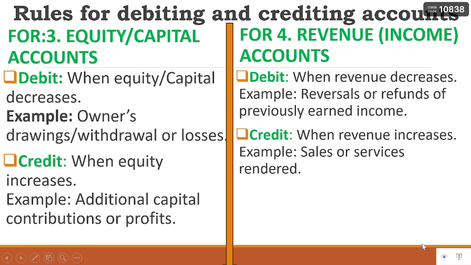Then credit when revenue increases, like when you've made sales. Sales are part of revenues. When you are selling, of course, the sales account will have to be credited because you are increasing revenues from sales.